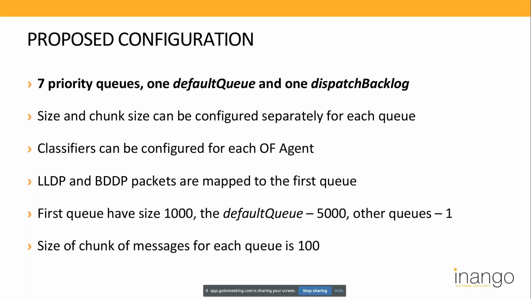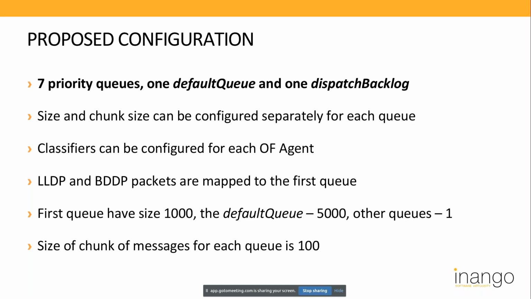One was configured to move LLDP and BDDP packets to this queue, and the default queue took all other packets. Okay, and 8 queues, it's just a suggestion, because we can easily configure a static amount of queues, but it's a little tricky to create new queues on the fly.